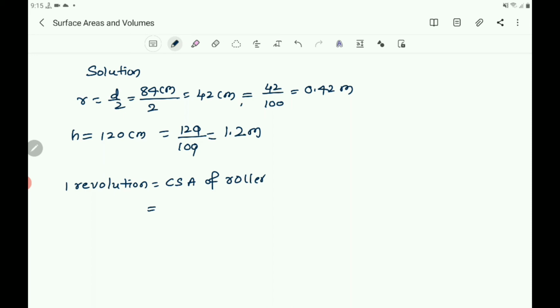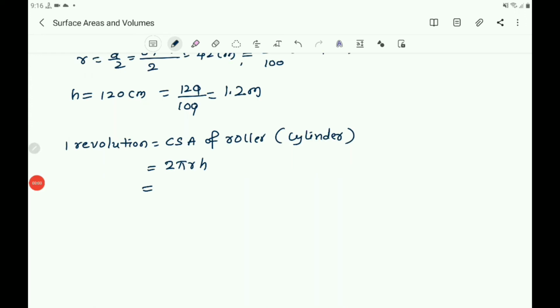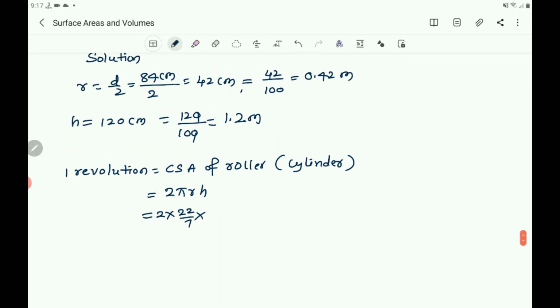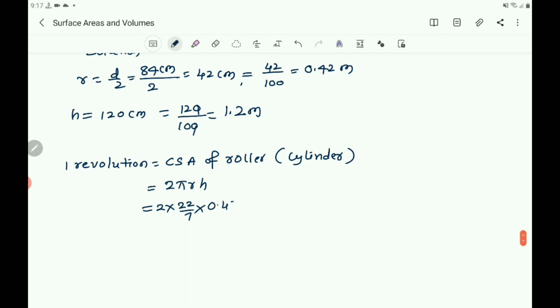CSA of roller means CSA of a cylinder. So what is the formula to find this CSA of roller? That is 2 pi RH, equals 2 into 22 by 7 into R is 0.42 into 1.2.